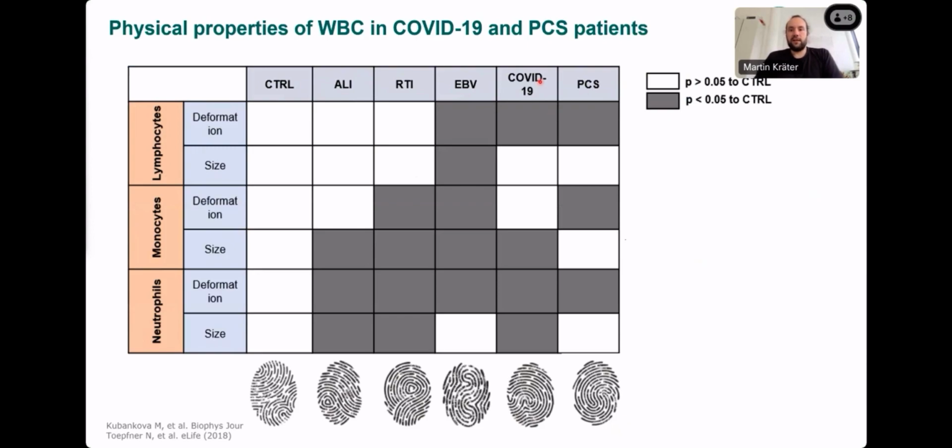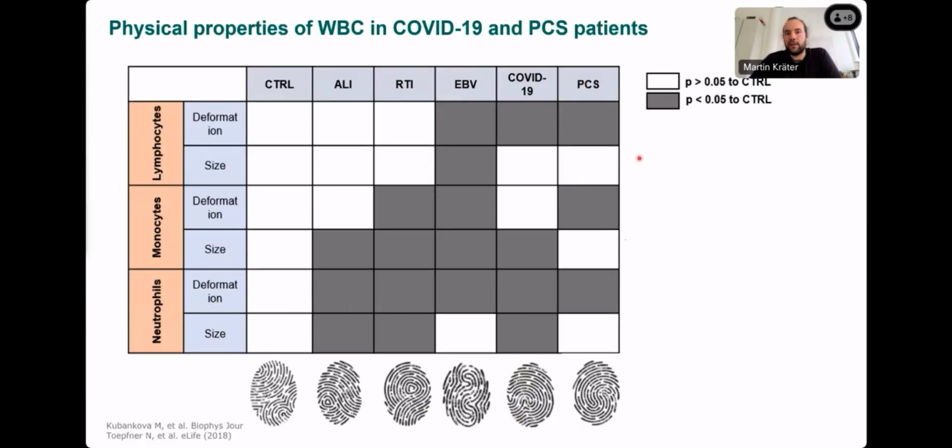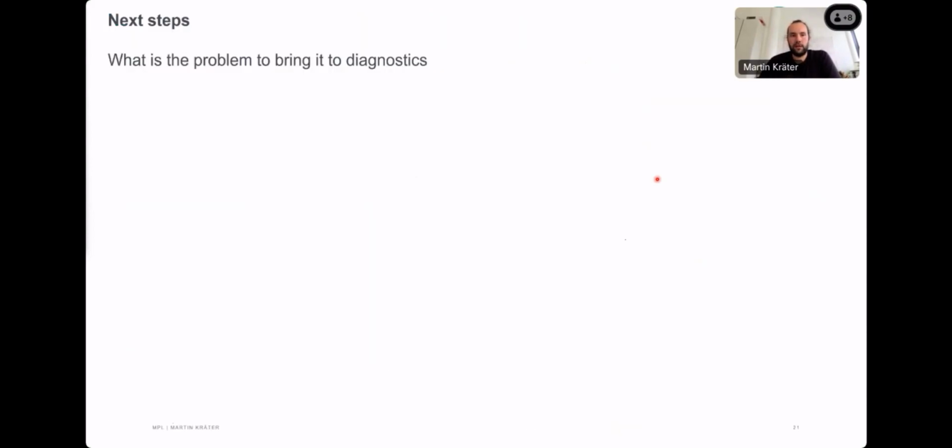And for the post-COVID syndrome patients, you see that they also have a different fingerprint in only these 3 cell types from these other diseases. And so we even hope that we can get a more sub-classification of the post-COVID syndrome patients, as we have heard from all our previous speakers that there are subclasses in the patient cohort.